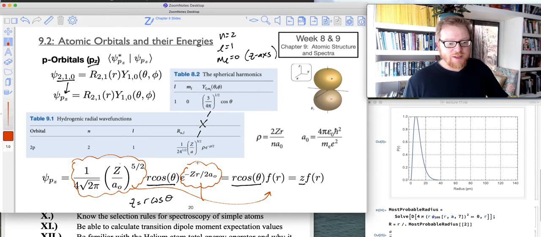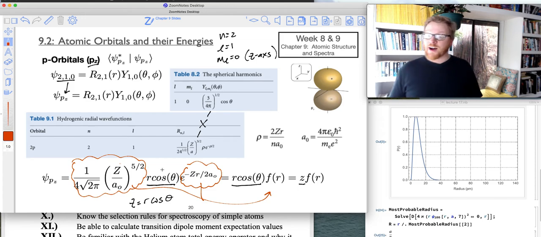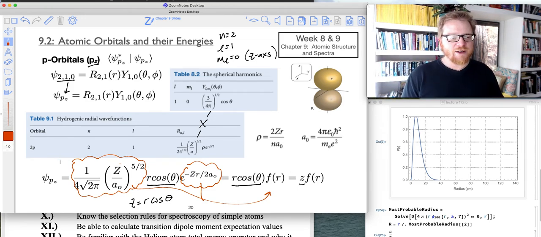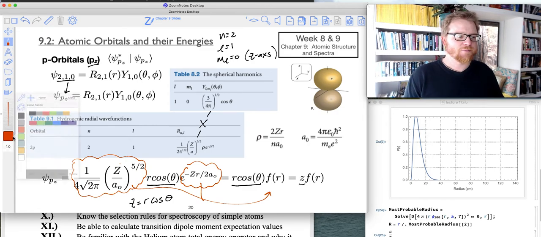Because if you notice, these red things that I've bubbled off only are a function of r. And so we could write a shorthand notation for our psi pz as literally z times some function in r, which is really cool.